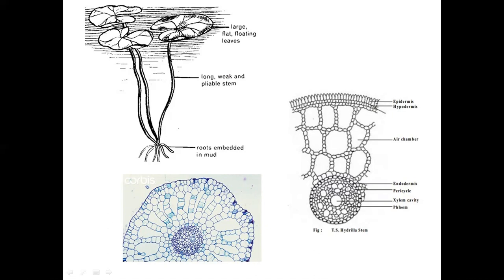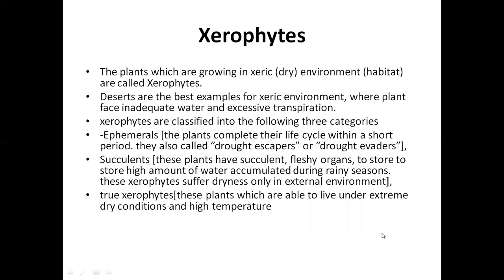And in case of the Nymphaea, the leaves are flat and larger in size, and they float freely on the surface of the water for maximum photosynthesis. And here in the internal structure, we observe the aerenchyma, and xylem is underdeveloped. In the Hydrilla stem also, we see underdeveloped xylem and aerenchyma.